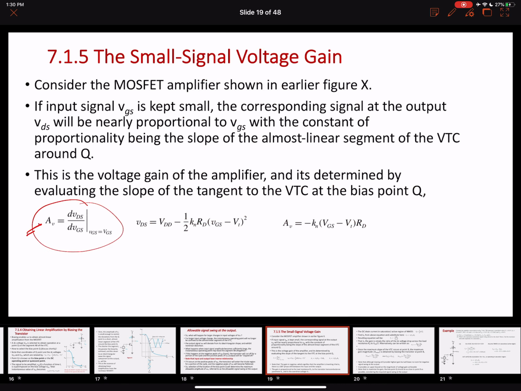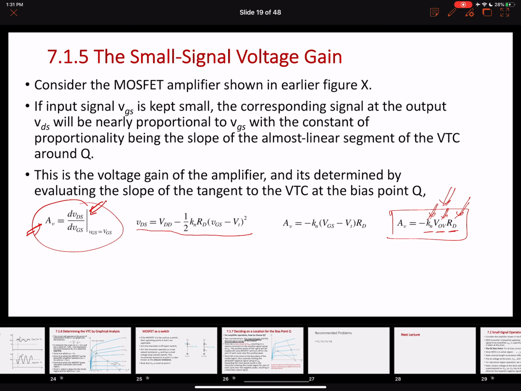Our voltage gain AV is equal to the slope of our voltage transfer characteristics. This is the output voltage equation that we derived. If we put in the values, we find the voltage gain is equal to minus Kn times the overdrive voltage times the load resistance. So it depends on the value of the load resistance, the overdrive voltage, and the MOSFET transconductance parameter.